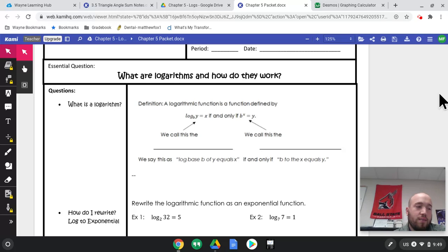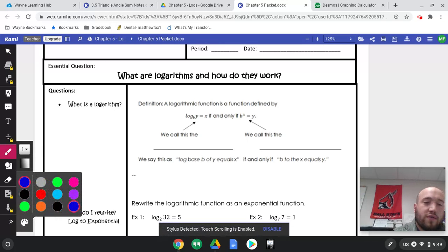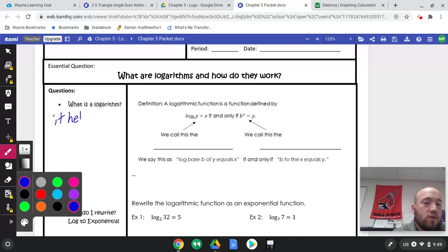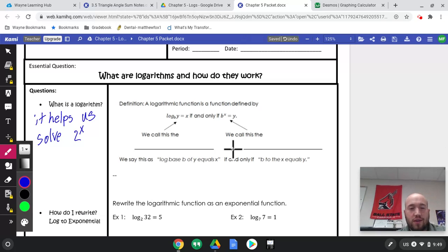So the purpose of a logarithm is it's going to help us solve exponentials. It helps us solve, for example, if I have 2 to the x equals something, it helps me figure out what that x value is.